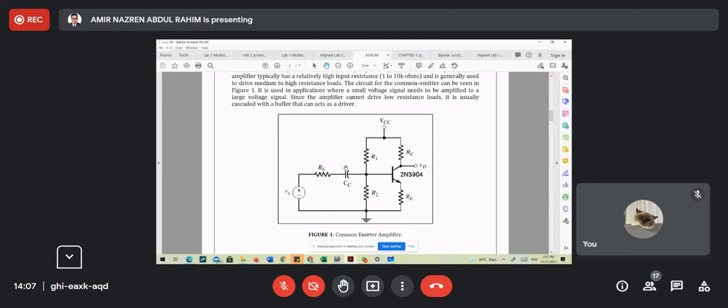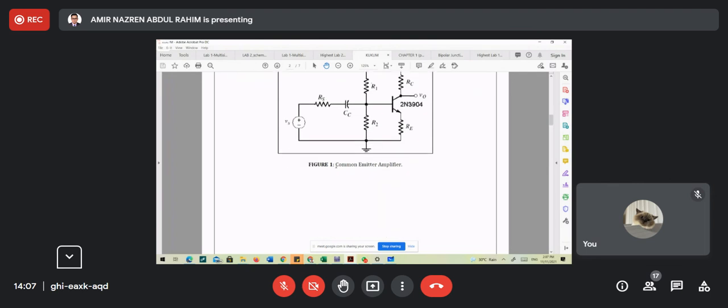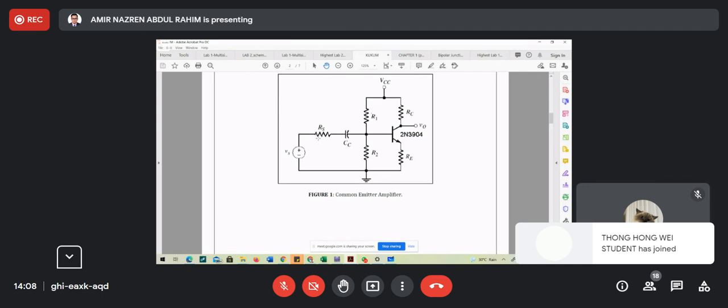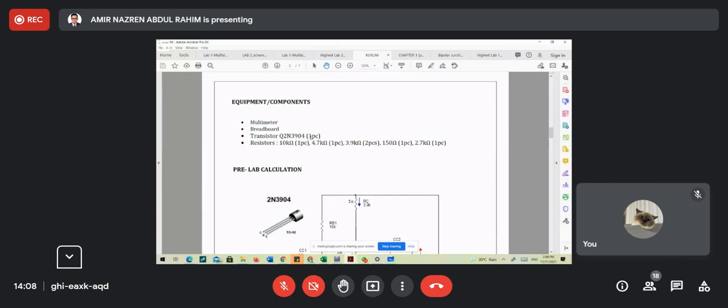So in the amplifier, we will superimpose DC and AC. However, for this lab, we only focus on DC analysis. We can neglect the analog signal input along with the capacitors.